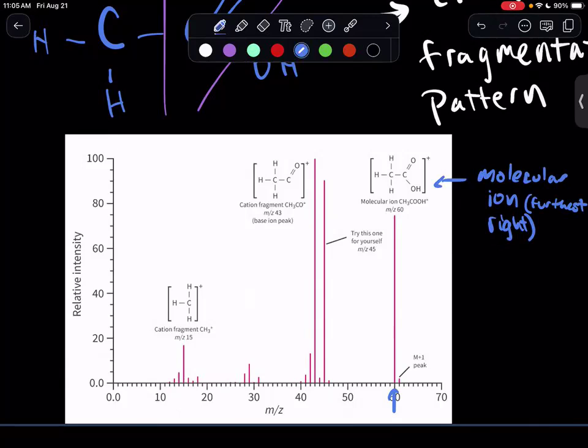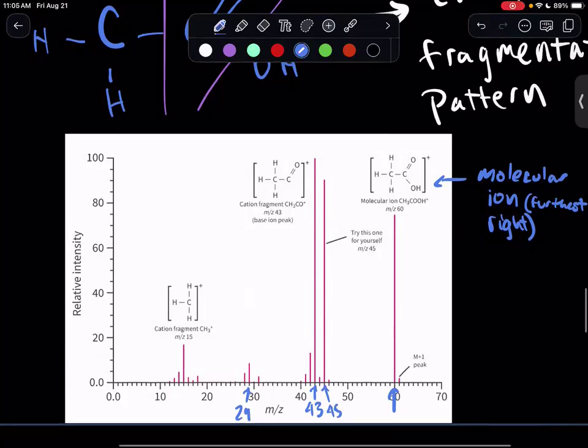But we see our big peak right here. That represents an unbroken version of our cation of our original compound. Then we have all these different peaks. We have a peak here at 43, a peak at 45, a peak at 29, a peak at 15.